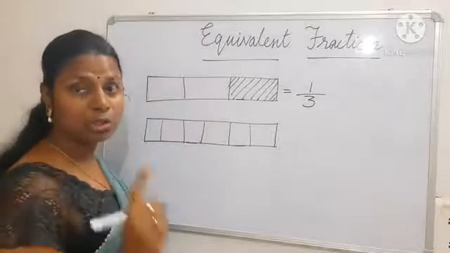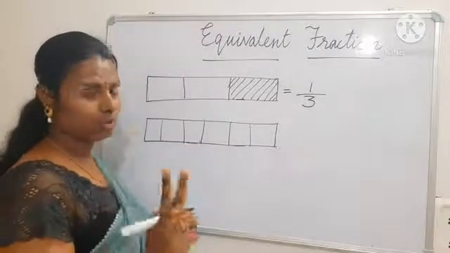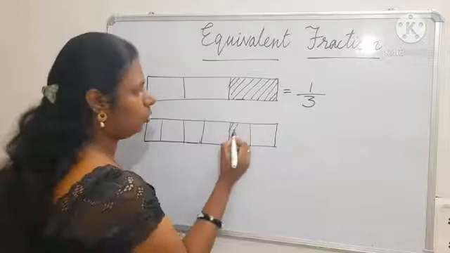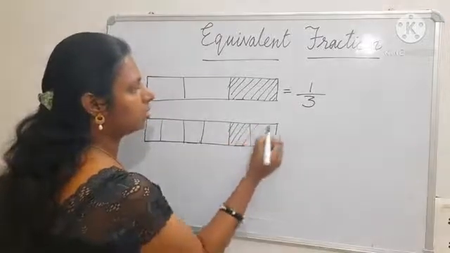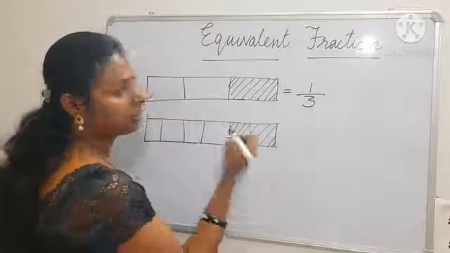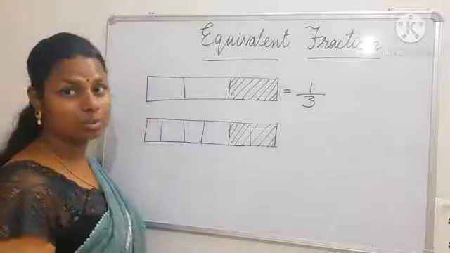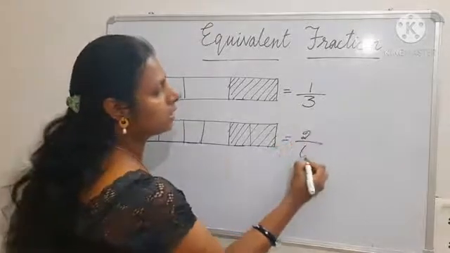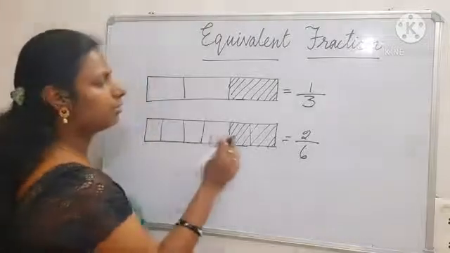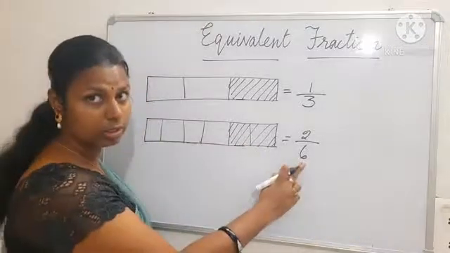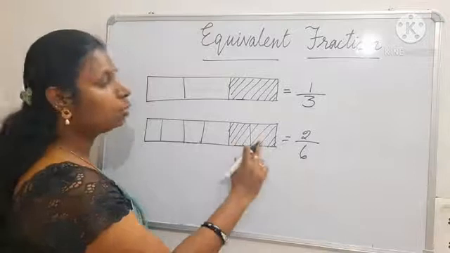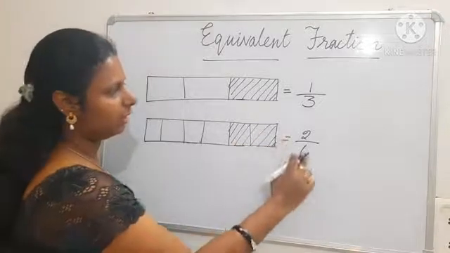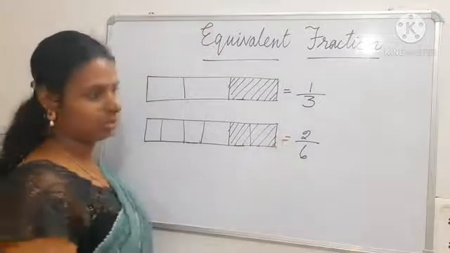Now I am going to shade 2 parts of it. Now what is going to be the fraction? 2 by 6. 1, 2, 3, 4, 5, 6. 6 is the total number of parts and 2 are shaded. So I have taken 2 by 6.